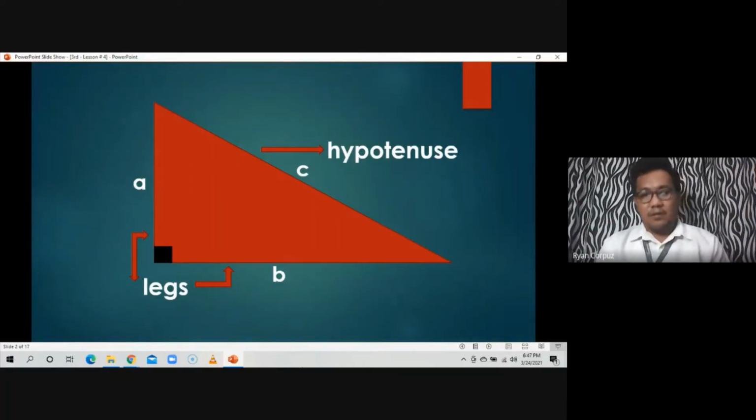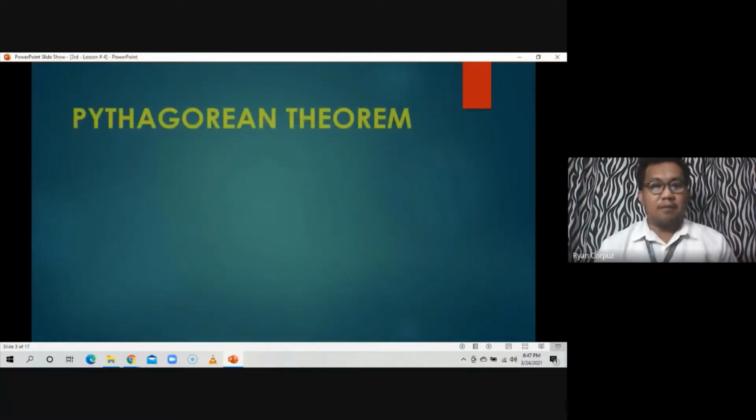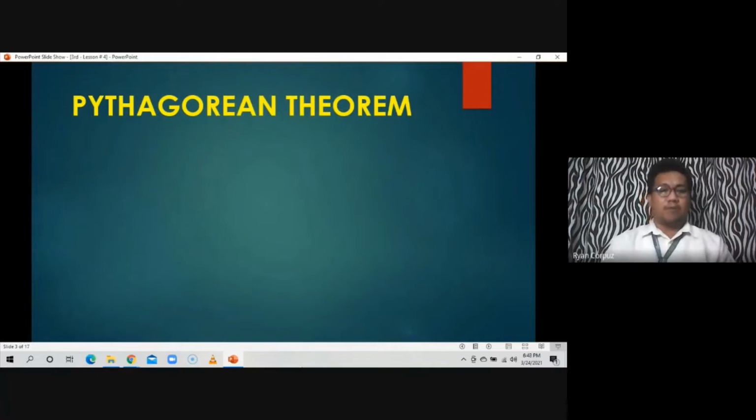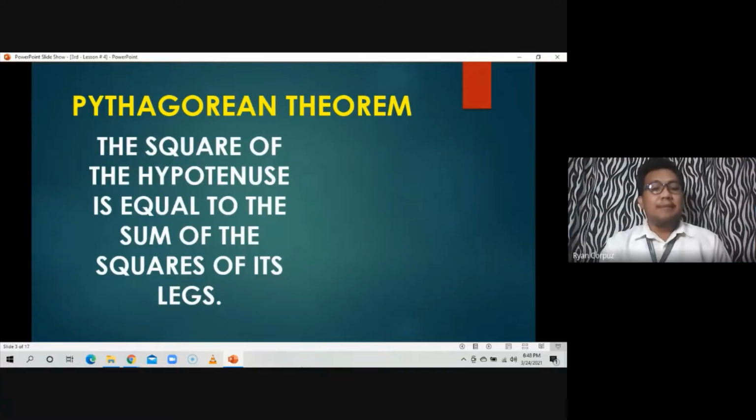So, since we know already the parts of a right triangle, so let's proceed now on discussing Pythagorean Theorem. So ano nga ba yung tinatawag nating Pythagorean Theorem? Pythagorean Theorem states that the square of the hypotenuse is equal to the sum of the squares of its legs. Remember kanina yung figure?